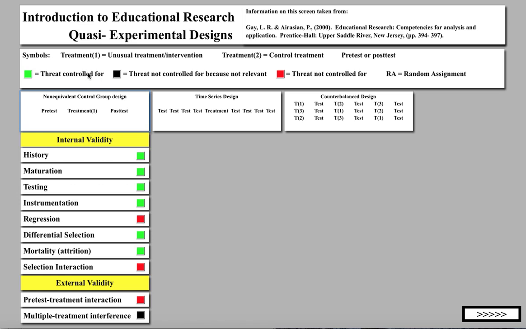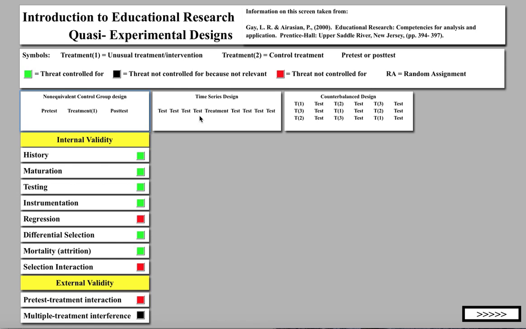The next quasi-experimental one is the time series design. And here we have a series of pretests, a treatment, and then a series of post-tests. If the group scores in the pretest tend to level out, tend to stabilize in terms of their level and their trend, we can assume that they've reached the natural level.